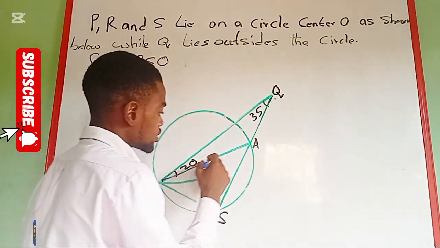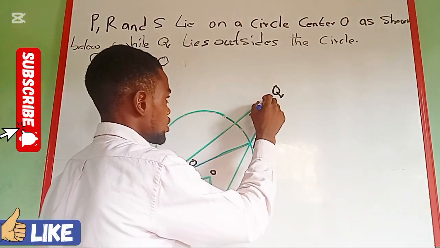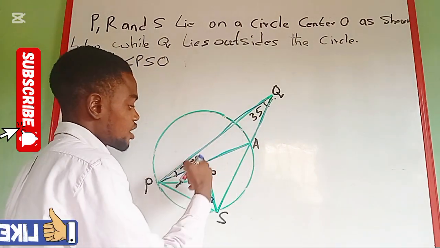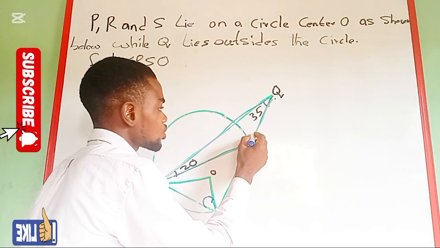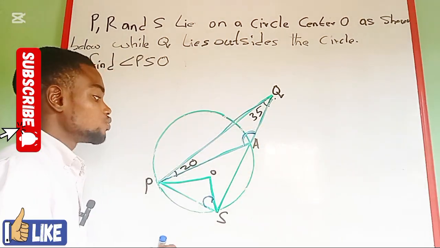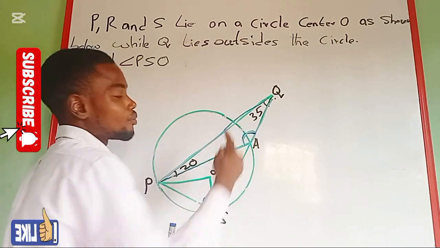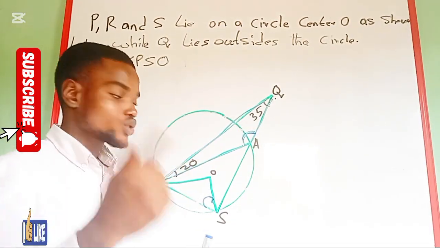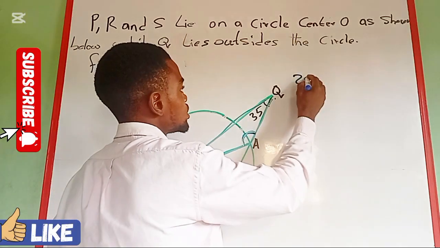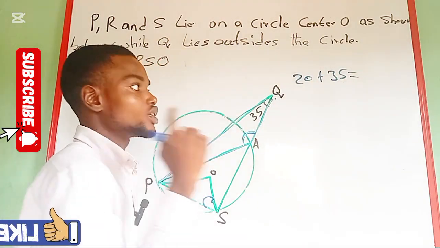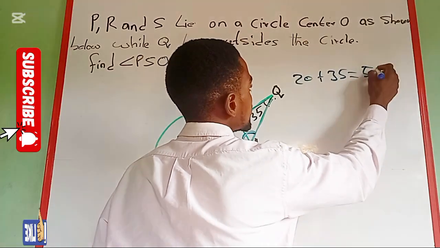Now, from this one, we have to complete this one over here. Because in this triangle, we have already gotten two angles, which are 35 and 20. Now this other angle, what is it going to be? It's going to be this one plus this one, minus from 180, because that is the sum of angles in a triangle. So let's do that. 20 plus 35 is going to give us 55.